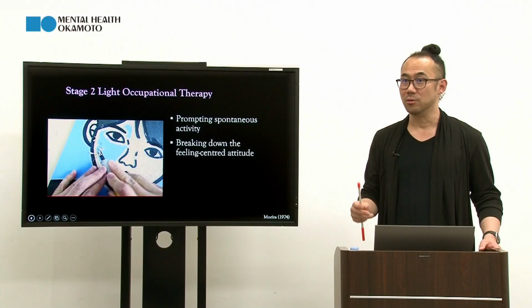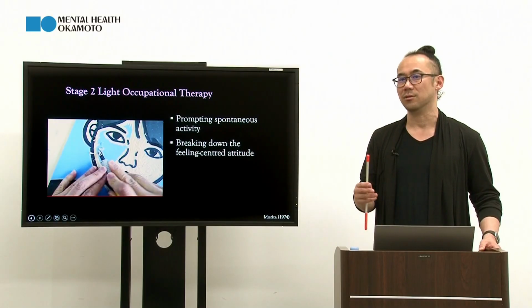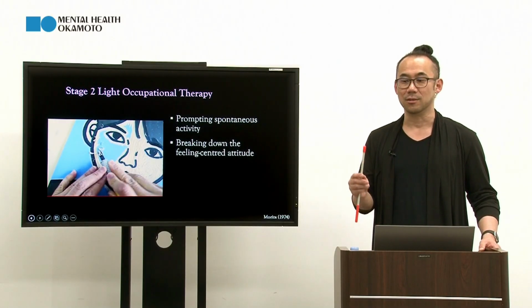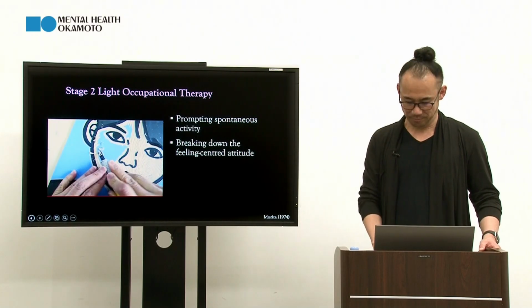Because we're also aware that Shinkeitsu clients or patients try to do their best, which usually means trying to do too much. So we help them to regulate, pace themselves, beginning with light occupational work. It promotes spontaneous activities. It's meant to break down the feeling-centered attitude and refocus on the importance of action.